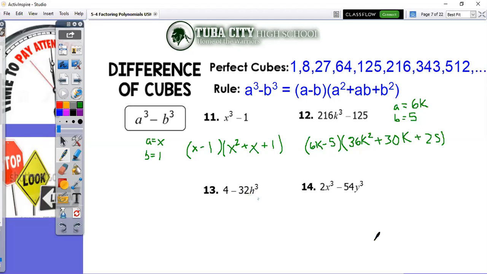But neither of those are cube numbers. So we're going to have to go with 4. So I'm going to take out 4. And that would be 1 minus, and 32 divided by 4 is 8, h to the 3. And check it for cube numbers. 1 is a cube number. 8 is a cube number. So they're both cube numbers, and h to the 3 is a cube number.